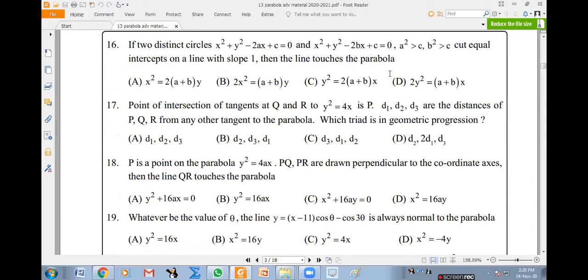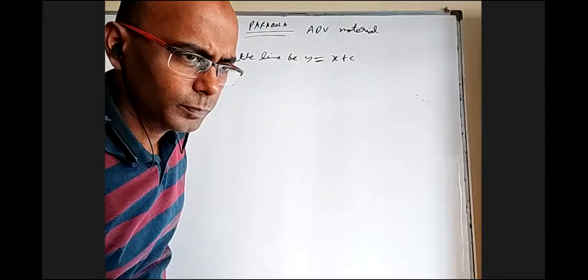So let the line be y equal to x plus c. Normally y equal to mx plus c, but slope is 1, so x plus c. Then it is making equal intercepts. So what is the intercept on this line by the first circle and second circle? We have to find and equate.